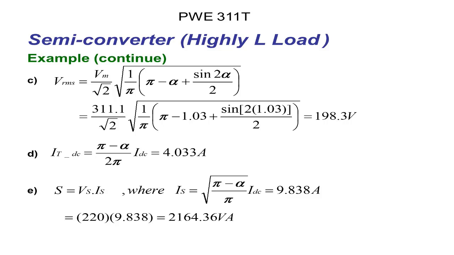So you get 9.839. So you can now from here get your apparent power input as 2164.36 VA. All right, did you get that? Please take your time and go through the videos and solve the problems again.